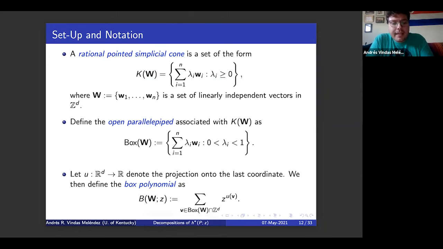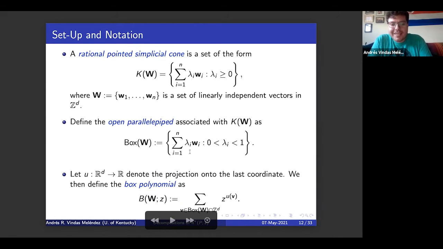One thing that I need is this projection. I'm going to let U be the projection onto the last coordinate, from which we define a box polynomial to be the sum of z to the U of v, where the v are the integer lattice points in my box.